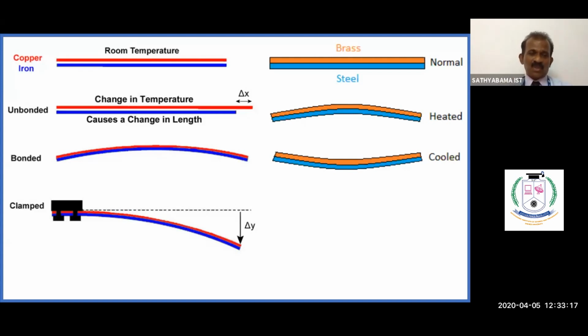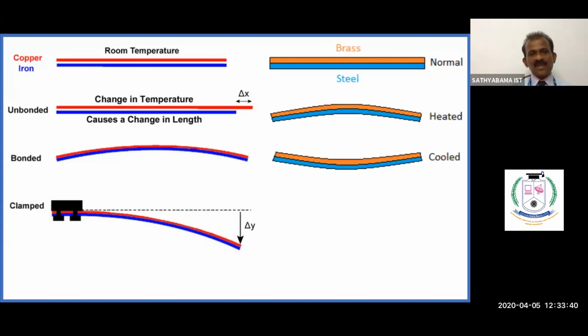During the heating process, we are getting a change in length, that is del X. Here, the red one, copper, has more expansion, and the iron expansion is very less. Then the third one is bonded. If you join these two strips, we get the bimetallic strip.